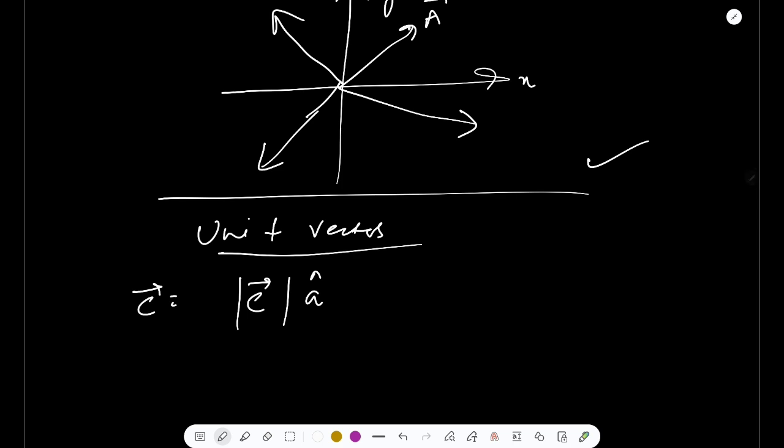A cap is placed. It's a new notation you can use for vectors having a magnitude equal to unity, and they are the unit vectors, and they have no dimensions.